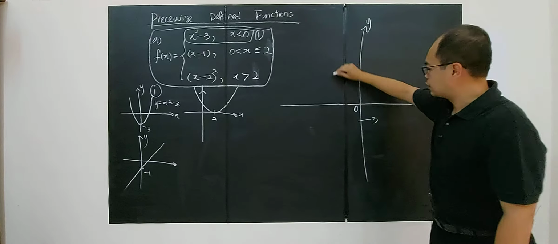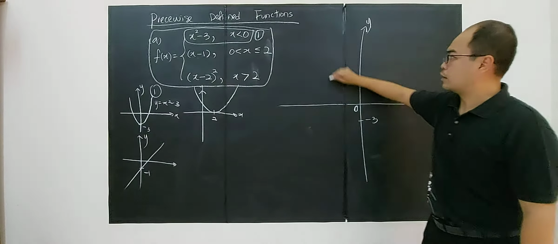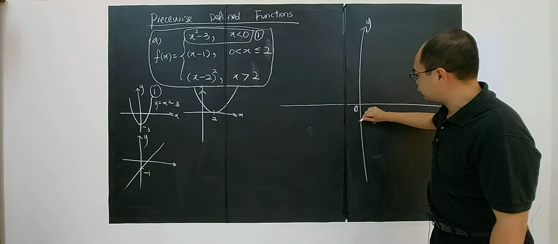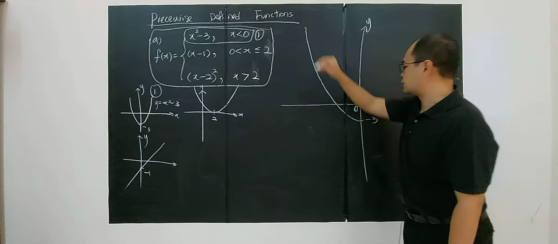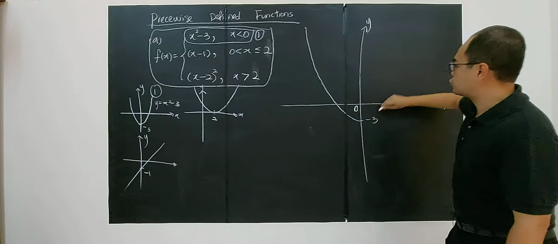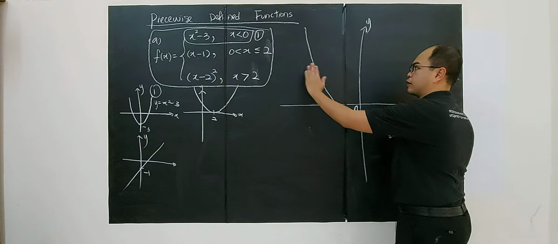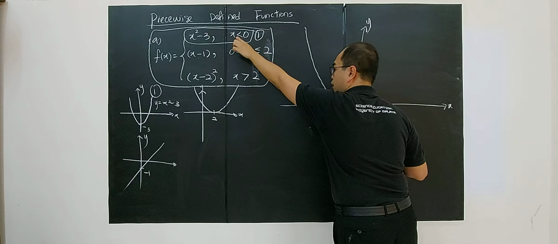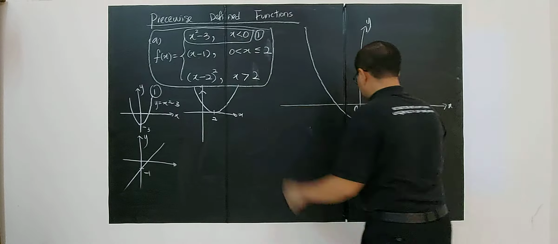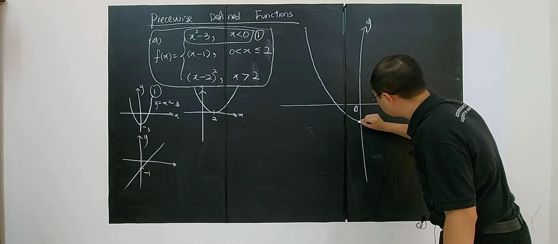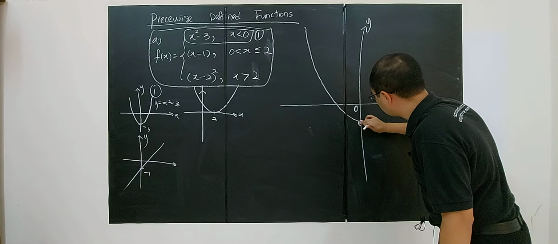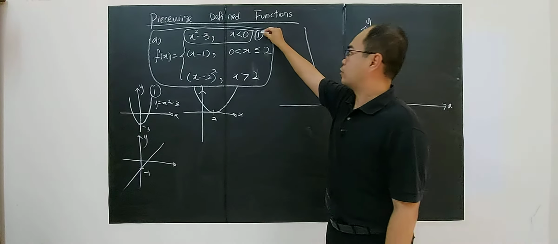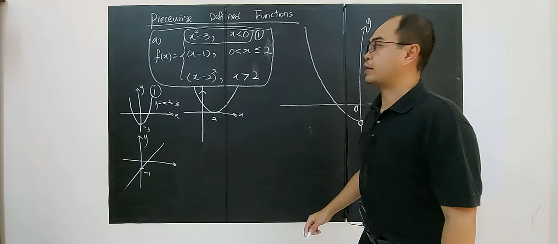But they said only for x less than 0, so I'm going to draw the graph going to this side. We only draw half of the graph here, because of x less than 0, which does not include 0. So x equals 0 is not included. It's an empty circle here. So we only draw this graph for this interval, x squared minus 3.